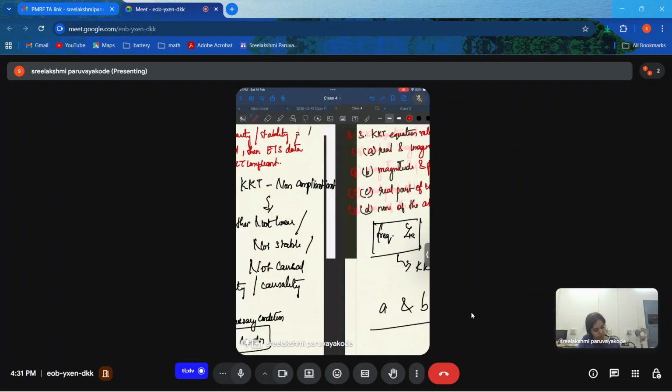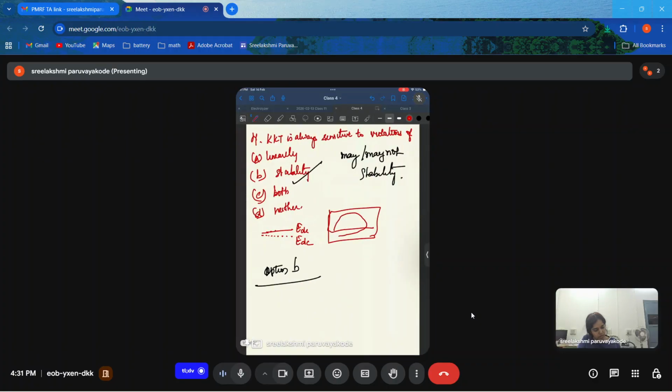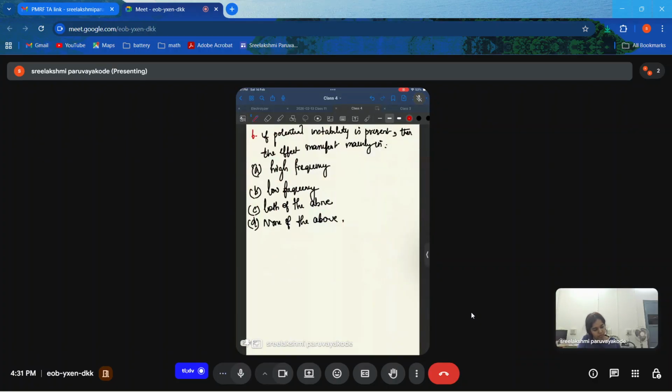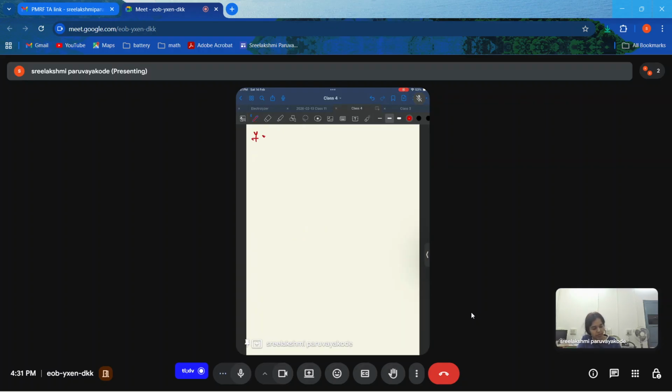Yeah, it is similar to question 4. So it is shown in low frequency. So option B. Now, question 7.